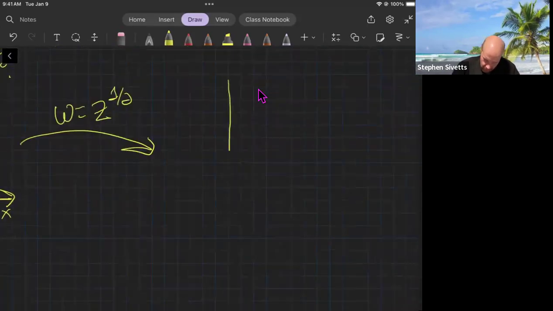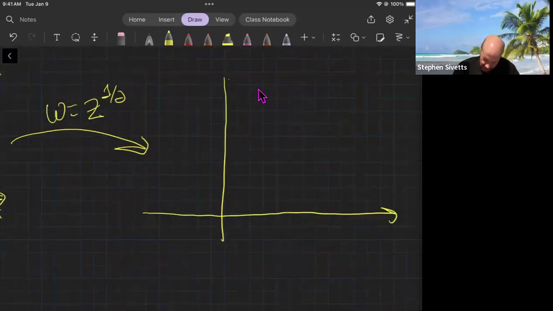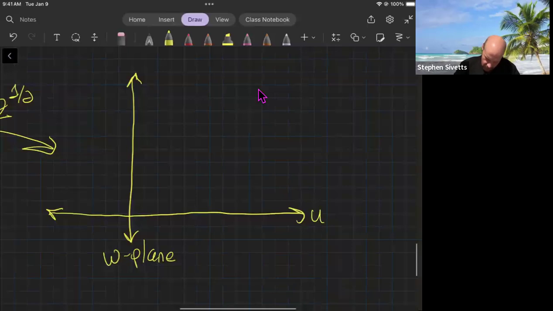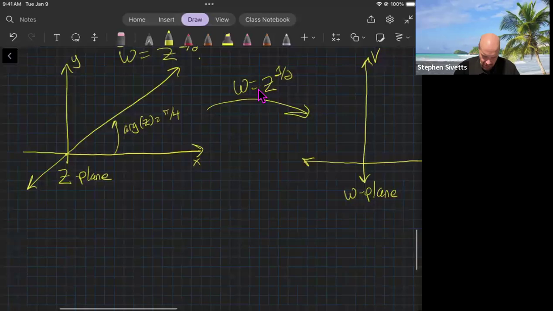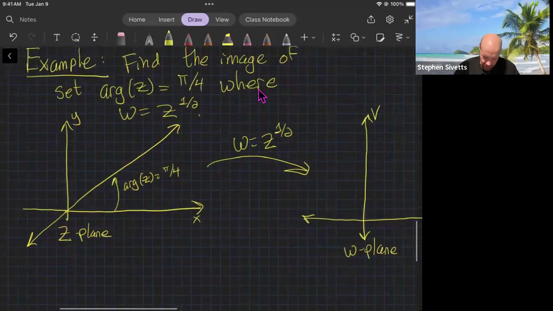Okay, so here is my W plane, with the U axis and the V axis. This here is the line y equals x.